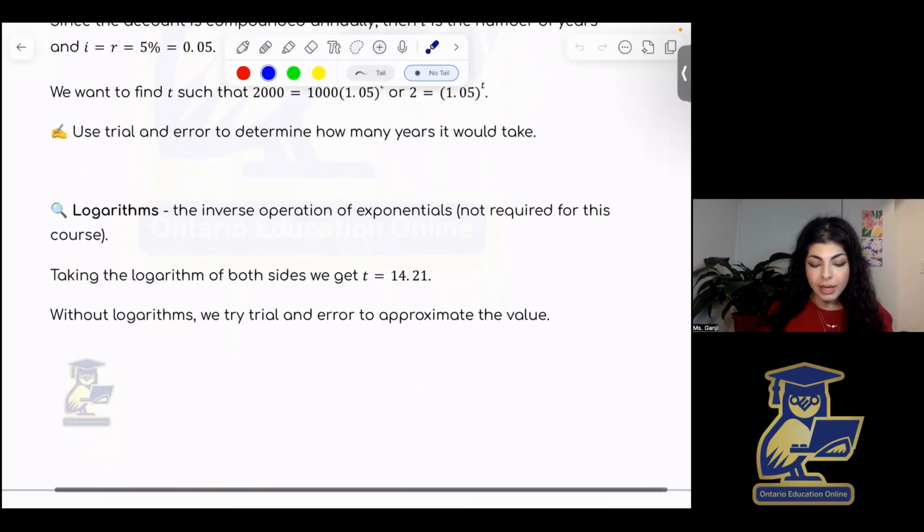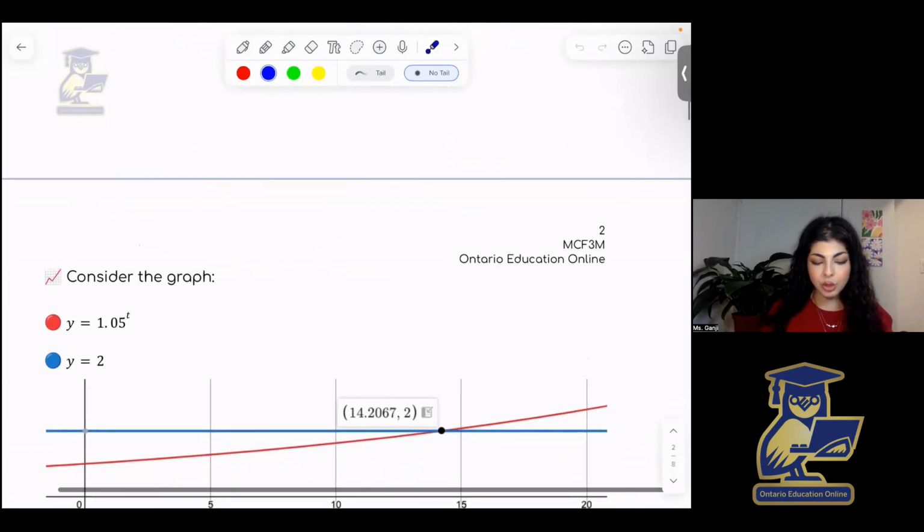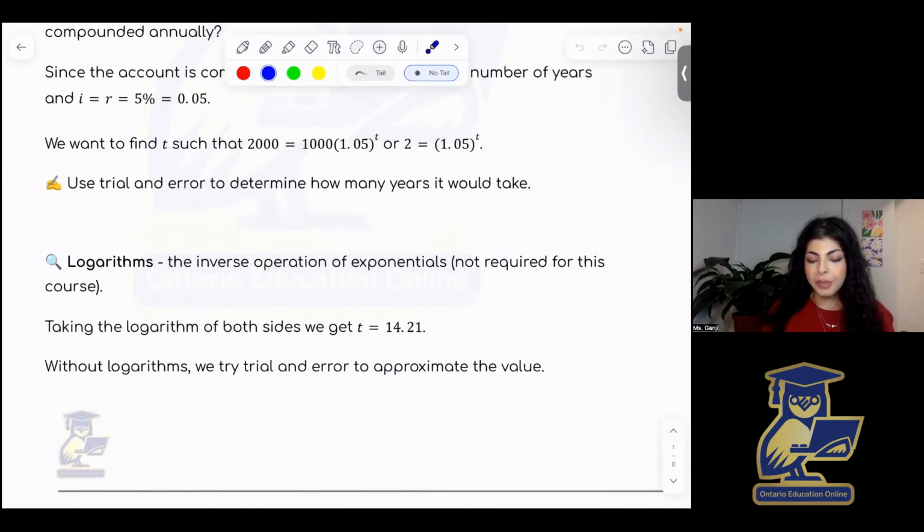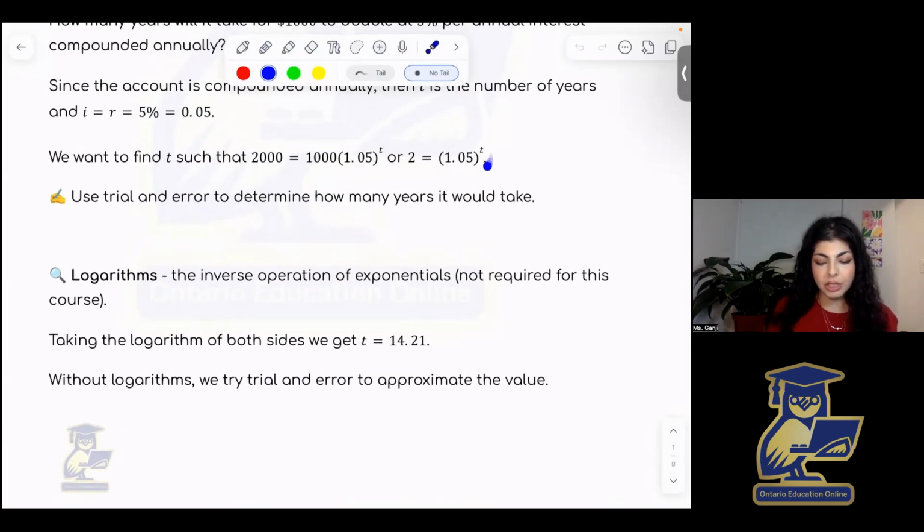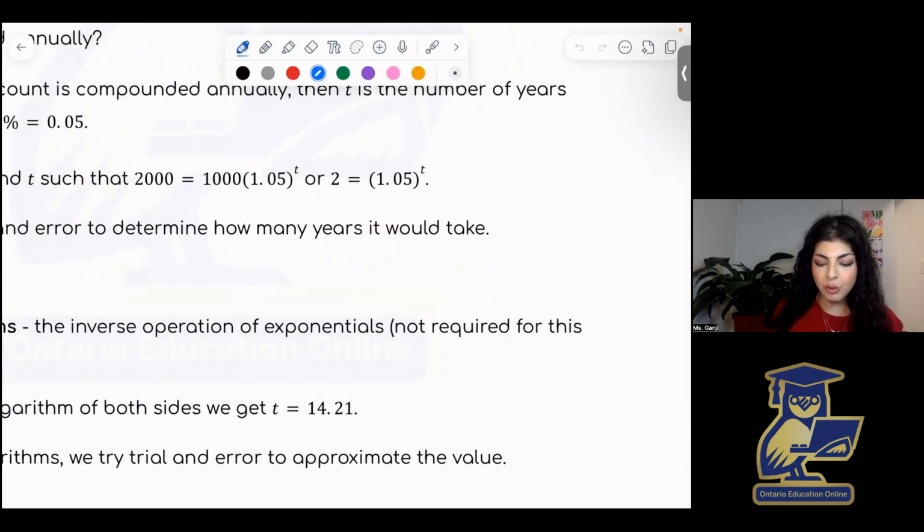Now, I'm also going to show you the graph because really, this is just an exponential function, 1.05 to the power of t with a base of 1.05, and 2 can be interpreted as just a line. So I could split this up into two functions.